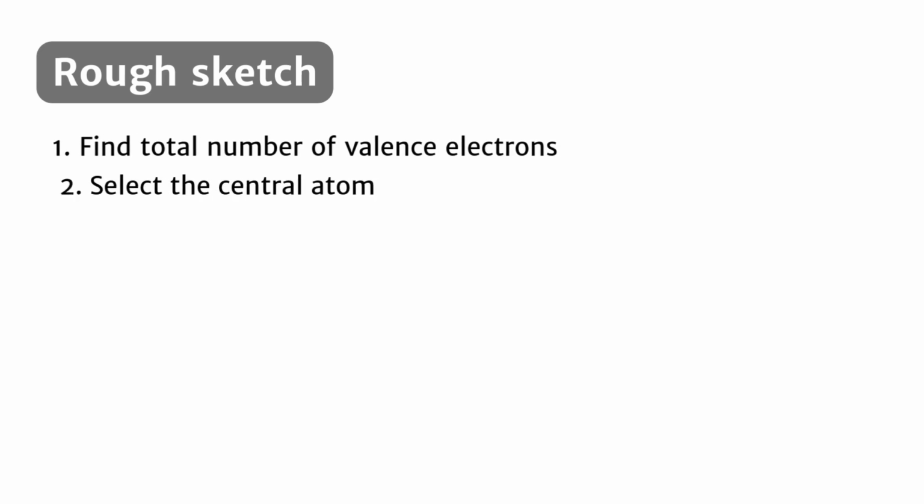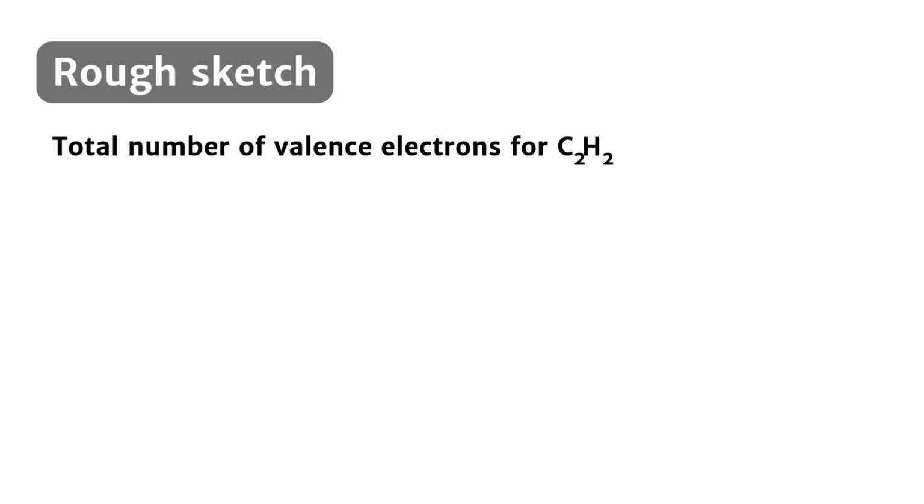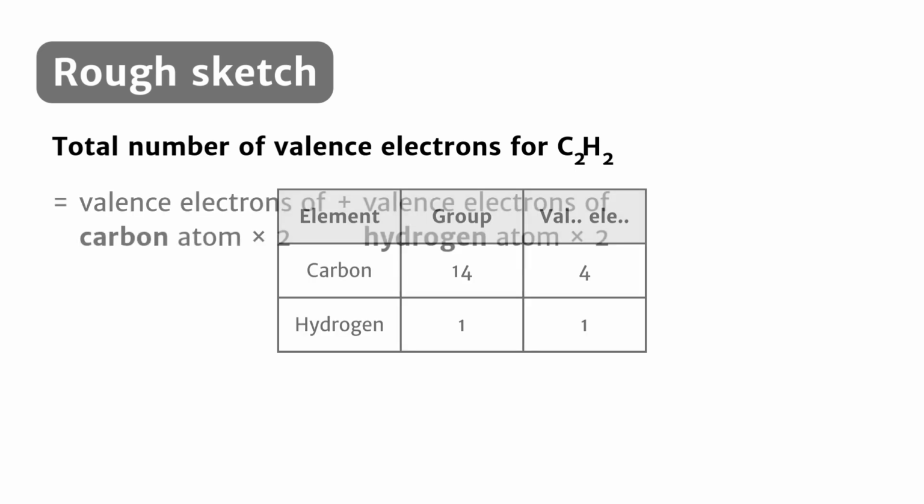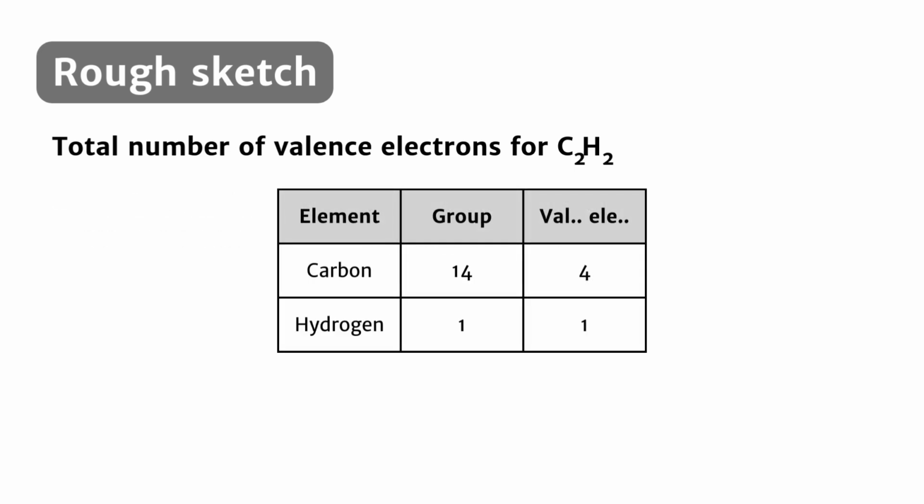electrons and then identify the central atom. The total number of valence electrons in C2H2 can be determined by adding the valence electrons of each individual atom. Each carbon atom belonging to group 14 has 4 valence electrons, while each hydrogen atom from group 1 has 1 valence electron.